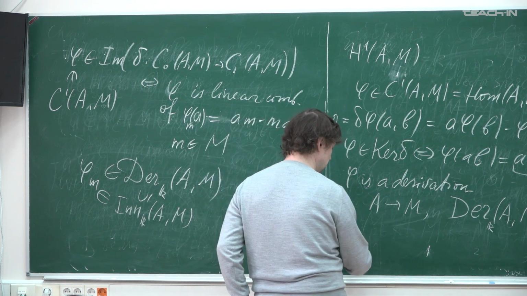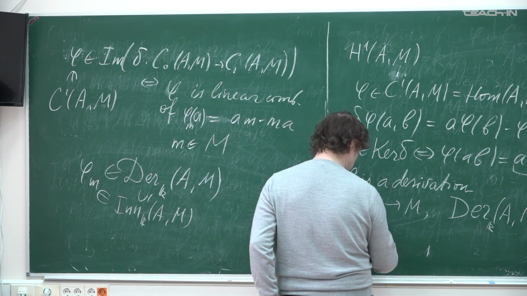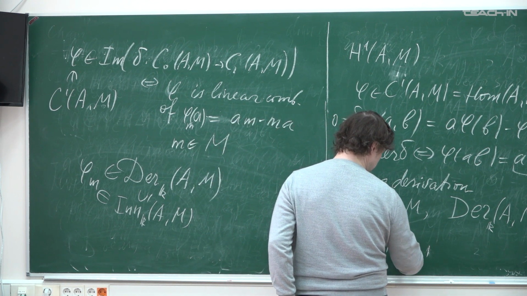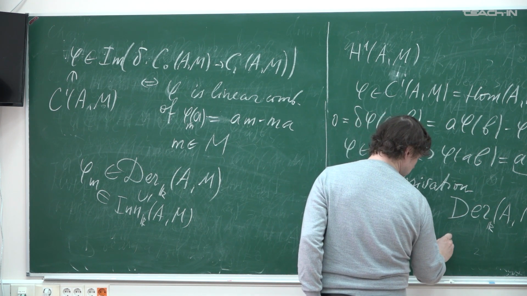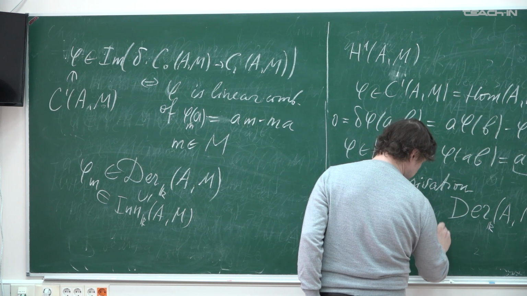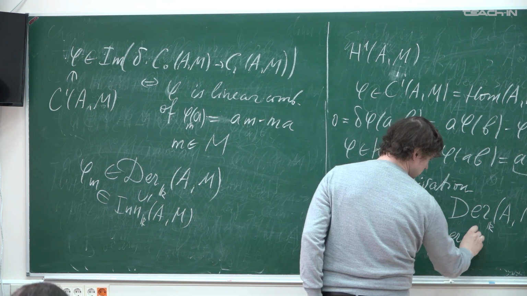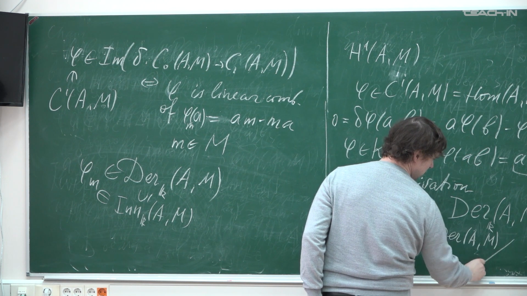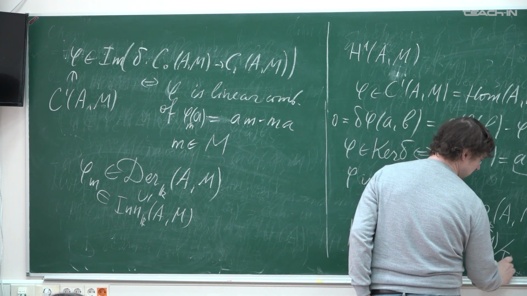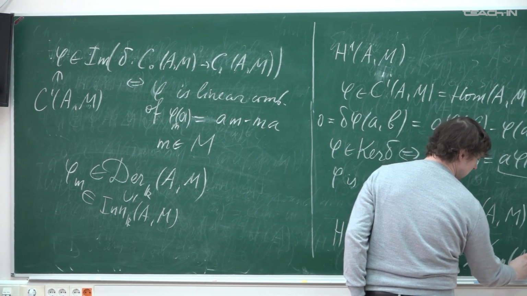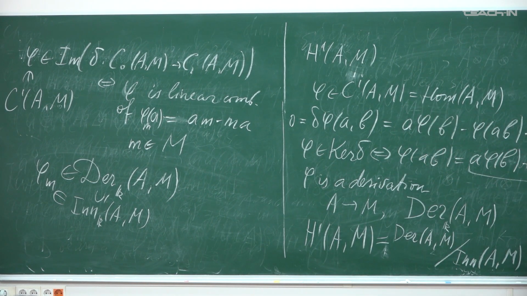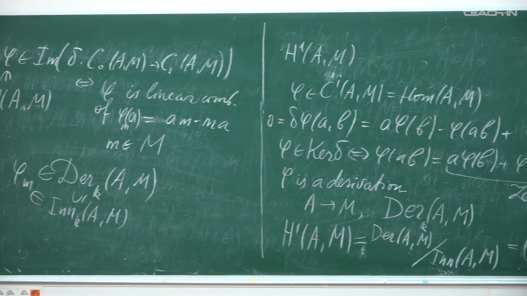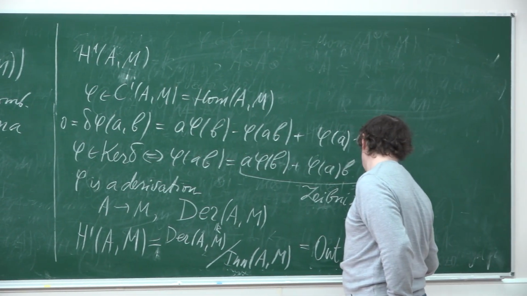So we conclude that the first cohomology of A with coefficients in M is equal to the quotient of the space of all derivations of A with coefficients in M, modulo the space of inner derivations of A with coefficients in M. This space is sometimes called the space of outer derivations of A, M.